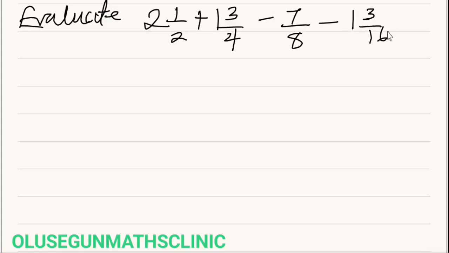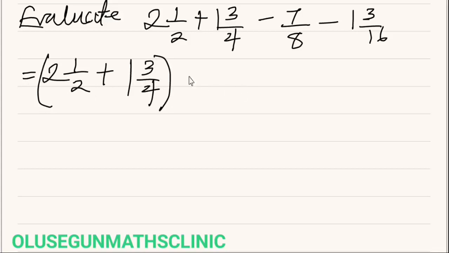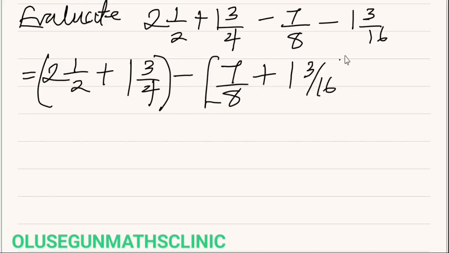So now, in having this, let's try to split it into 2 to make it meaningful: 2 whole number 1 over 2 plus 1 whole number 3 over 4, minus, the common factor around here, 7 over 8 plus 1 whole number 3 over 16.